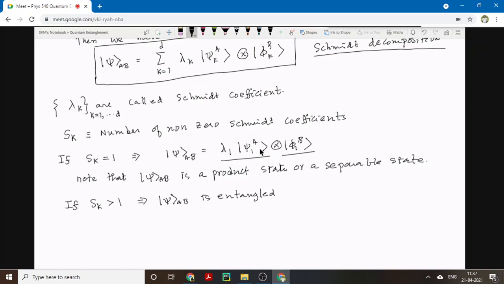So this Sk is what we call the Schmidt rank. So Schmidt rank is another way in which you can measure or detect if a given state is entangled or not. Just to give you an example.